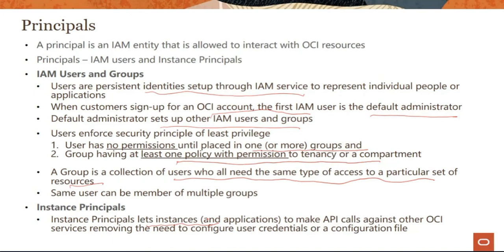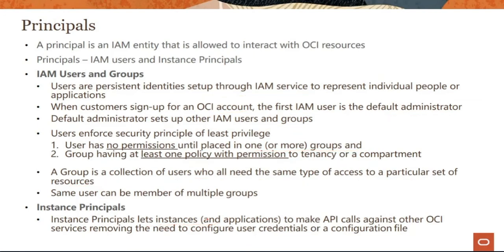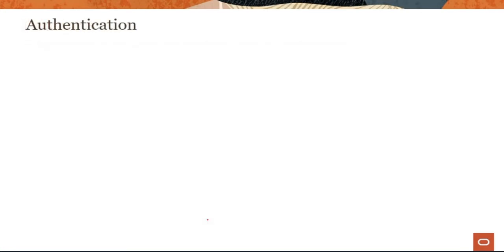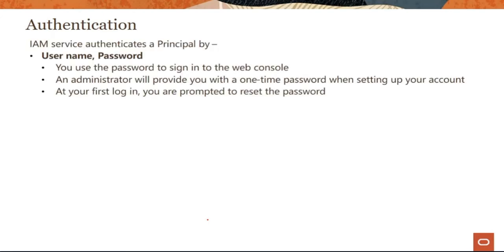So you make the instance a principal, and it can make API calls without needing user credentials or configuration files. Otherwise you run into issues like rotating your credentials, and it's not a very secure mechanism. We'll talk a little more about instance principals in our identity and access management level 200 modules.